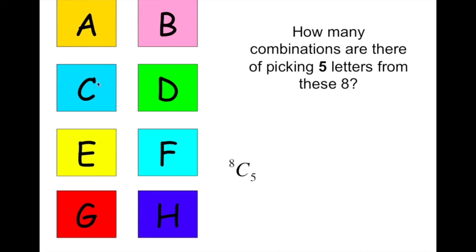So for example, if I had A, B, C, D, E, then that's also for permutations having A, B, C, E, D, and every single different arrangement of that. Well, I want to get rid of all of those if it's combinations. I don't want them. So I will do 8P5 and I will divide it by 5 factorial.